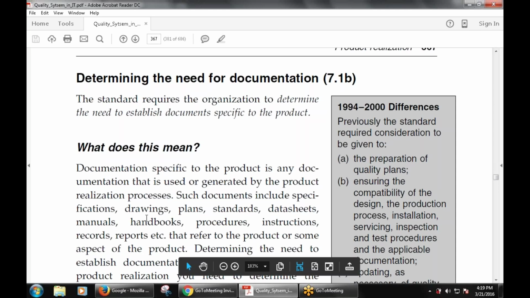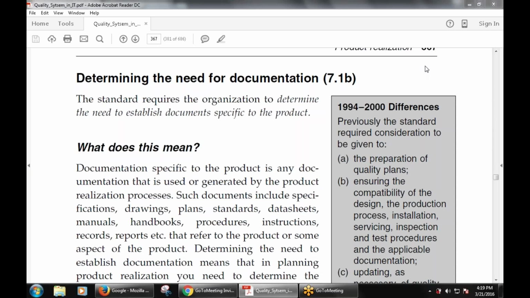That means whenever we use documentation specific to the product, it is any documentation used or generated by the product realization process.